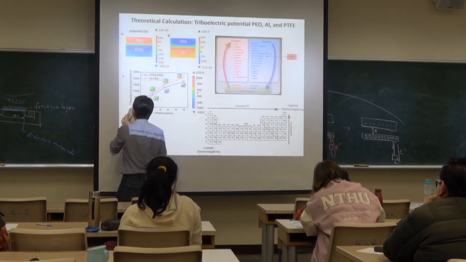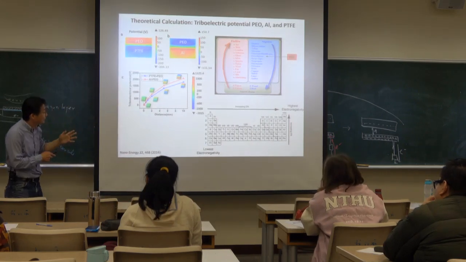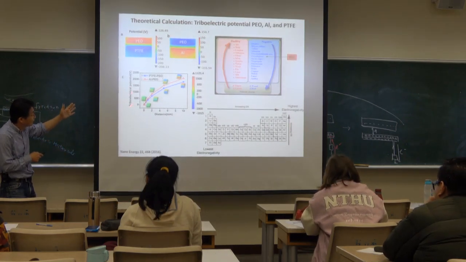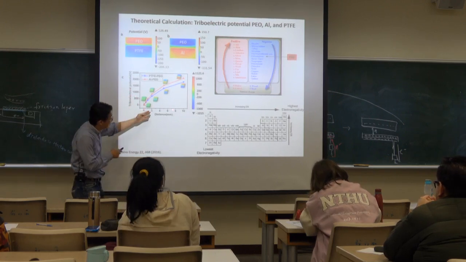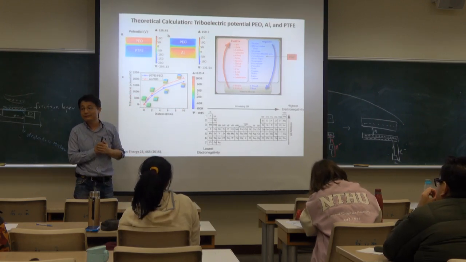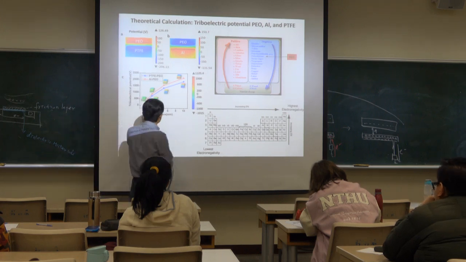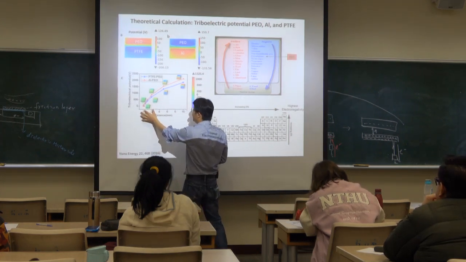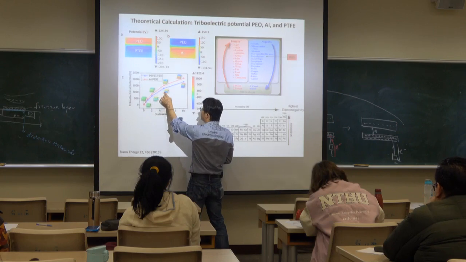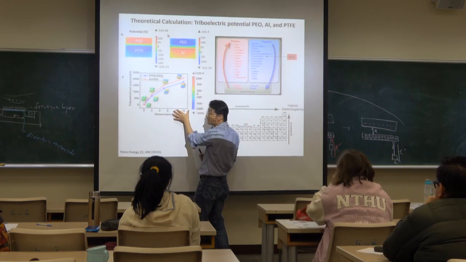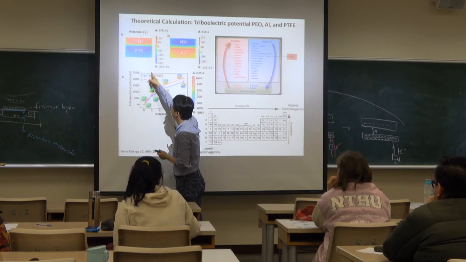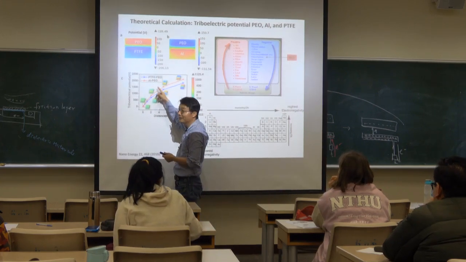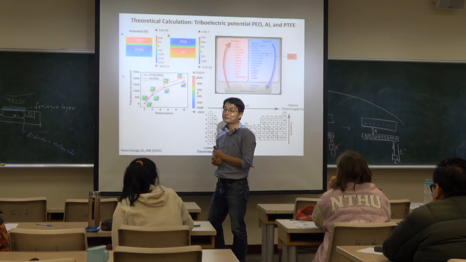So let's look at this. This tells us the triboelectric potential versus the distance difference. If I increase the distance, the tribo potential will increase, no matter for this type or this type, same situation.